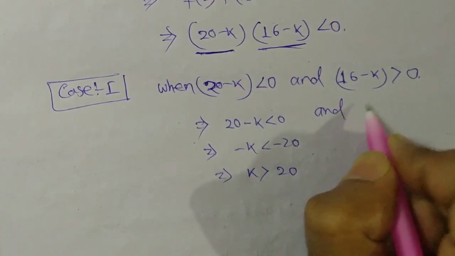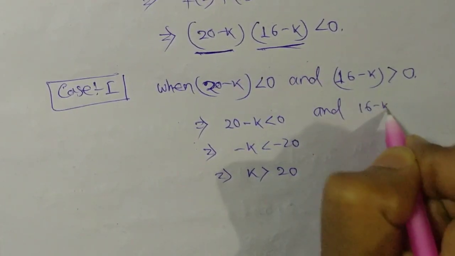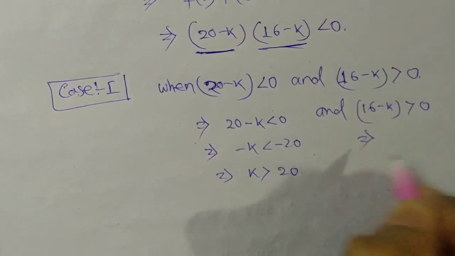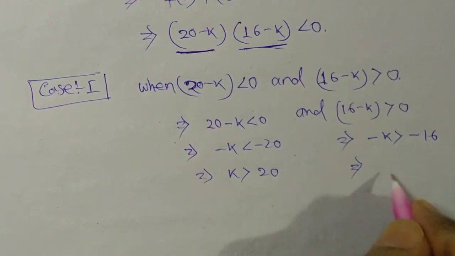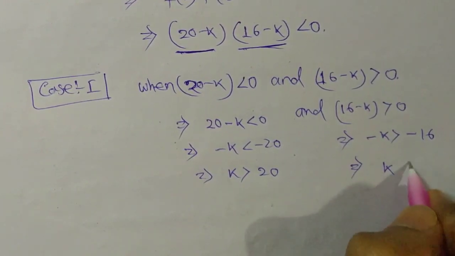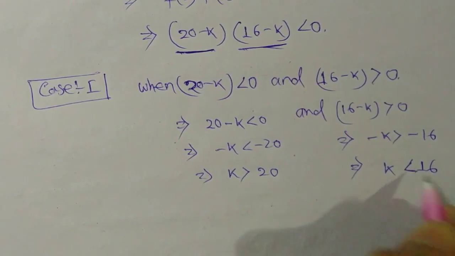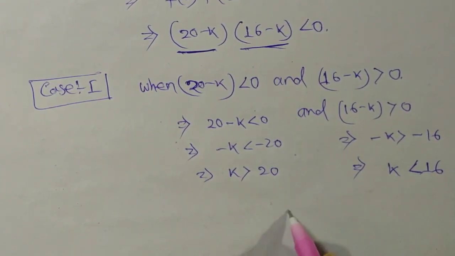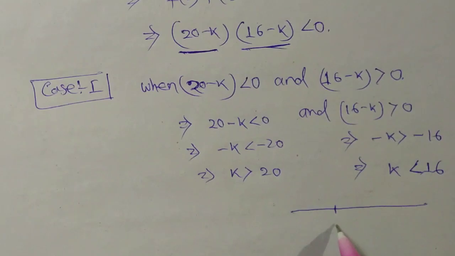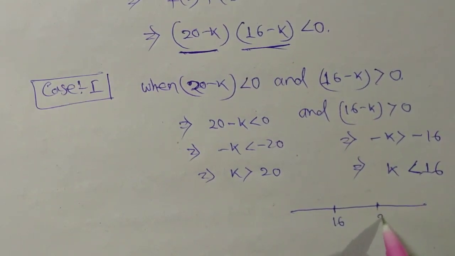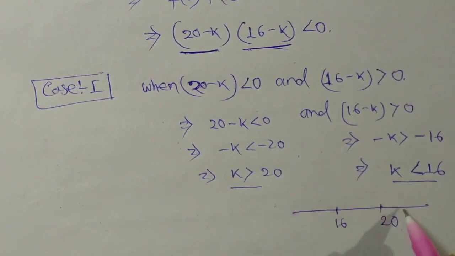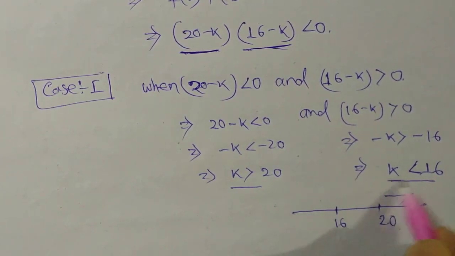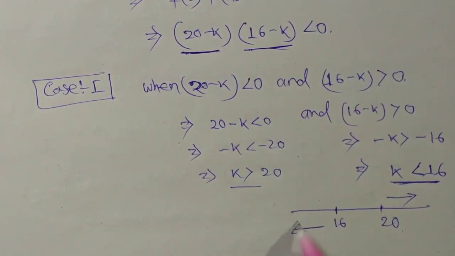And 16 minus k greater than 0 implies minus k greater than minus 16, which implies k less than 16. If we take 16 here and 20 here, these two inequalities give that one value of k will be greater than 20, and one gives that k will be less than 16.